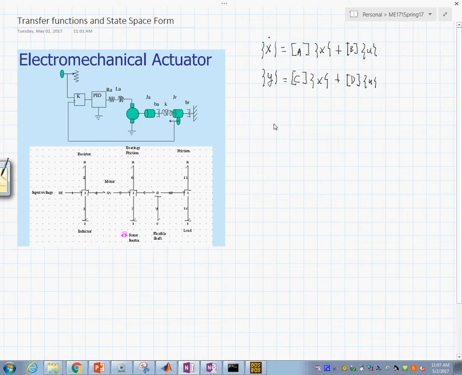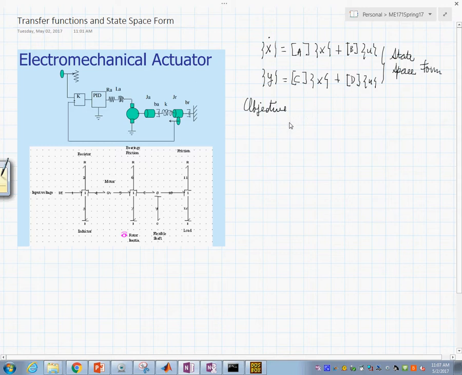So what do we want to do? We want to understand ourselves. Let's say that I have an objective. Given this state space form, this is what we know as a state space form, obtain the transfer function.